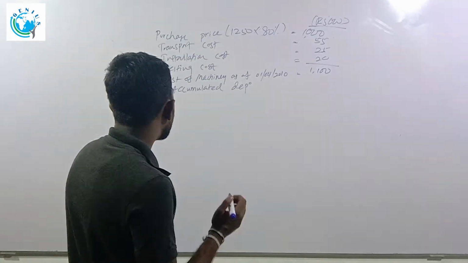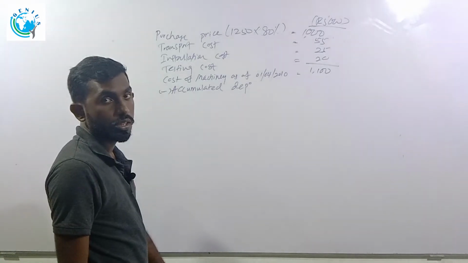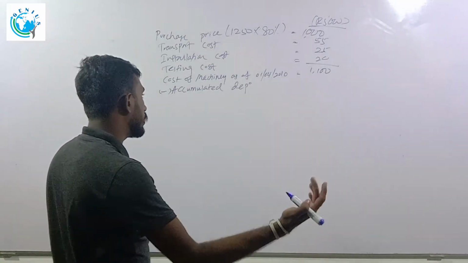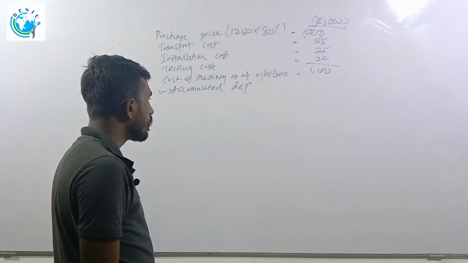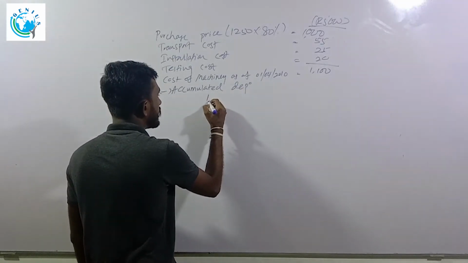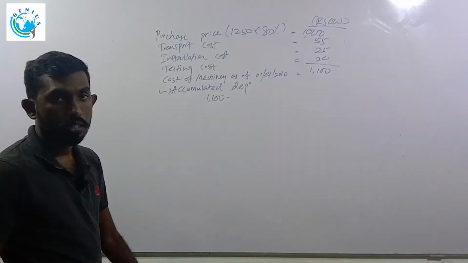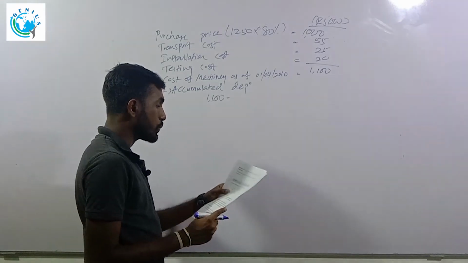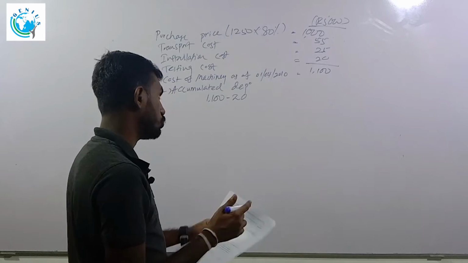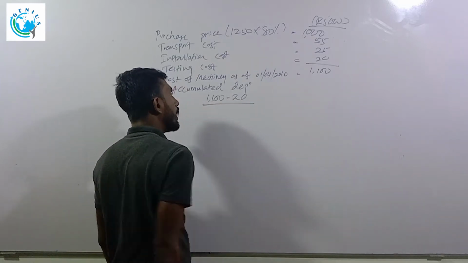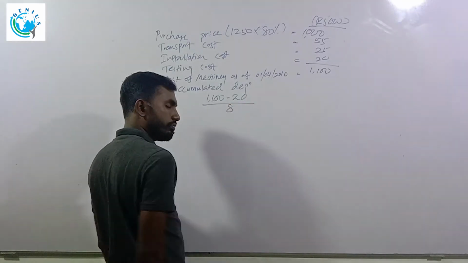So how to calculate the accumulated depreciation for the 4 years? In the straight line method, depreciation is cost 1,100 minus scrap value, or residual value, 20, divided by useful lifetime which is 8.